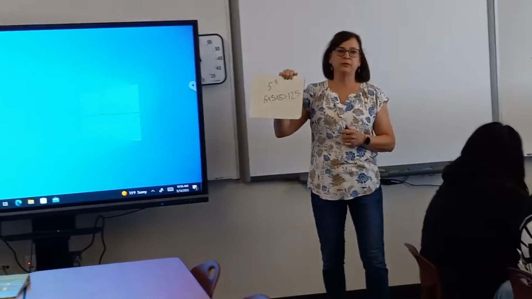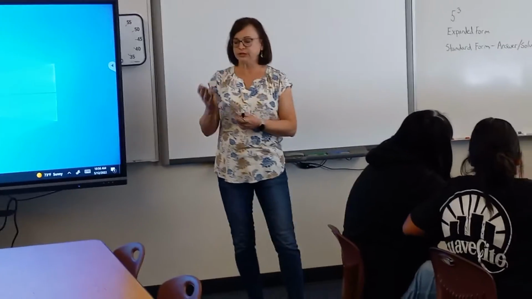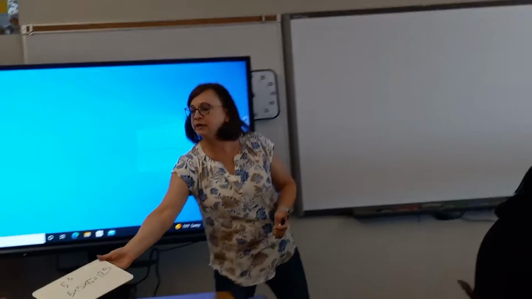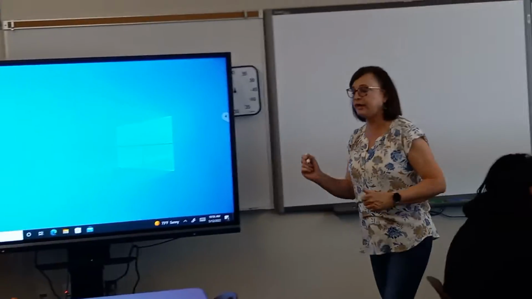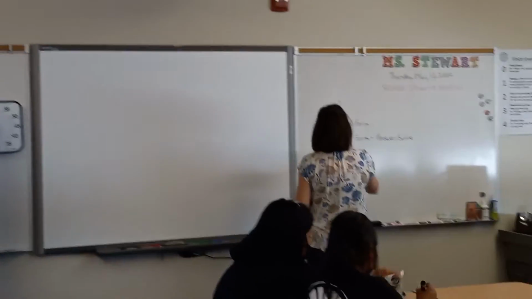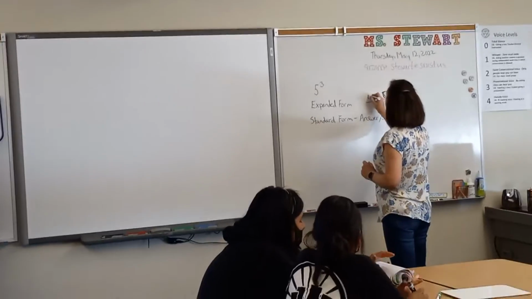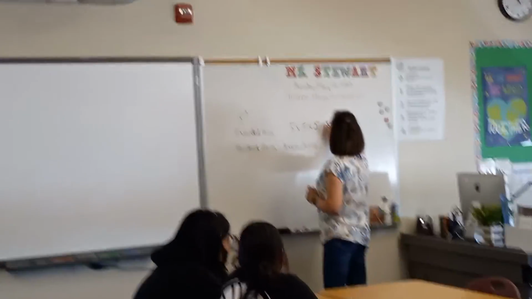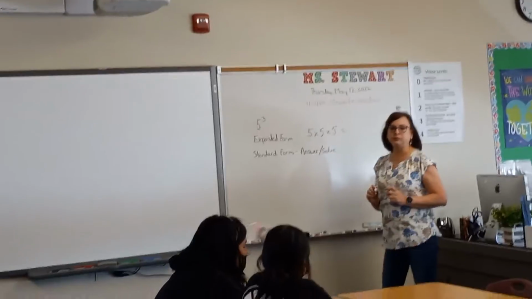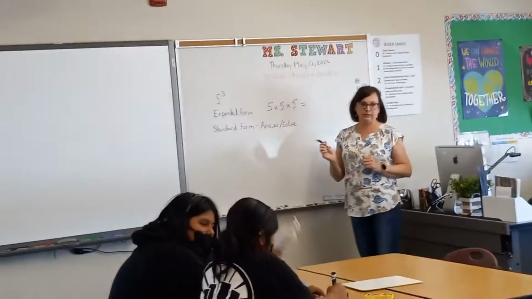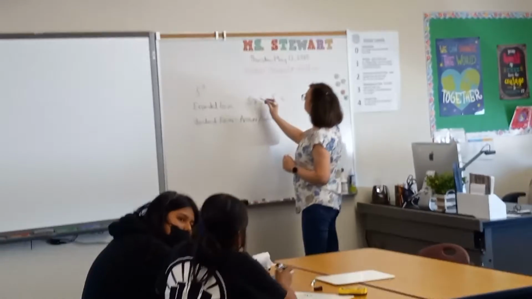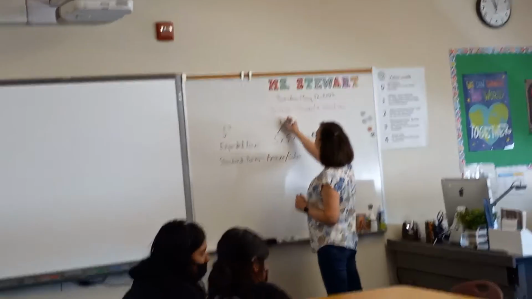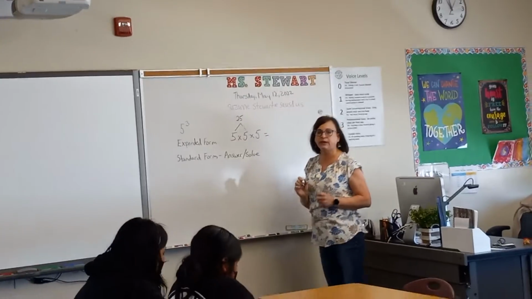5 to the third power, also known as 5 cubed, is 5 times 5 times 5. So the expanded form is 5 times 5 times 5. And we do not do 5 times 3. We solve the first 2, which is 25.